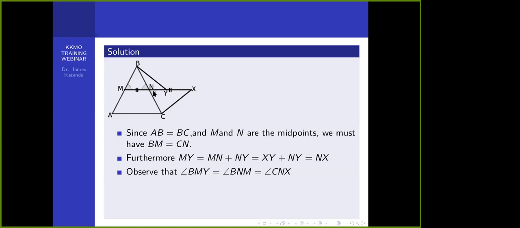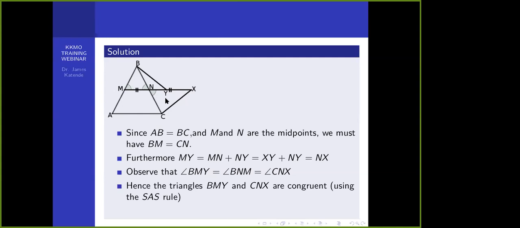So these three angles are equal. Now you can compare these two triangles, BMY and CNX. You'll observe that they must be congruent, because we are using the rule of two sides and an included angle. This confirms that the two triangles are congruent. I think we are together up to that point.